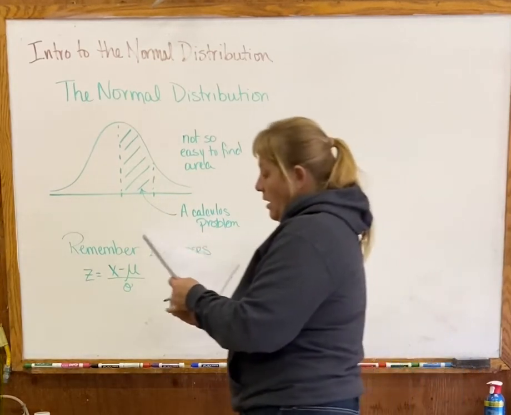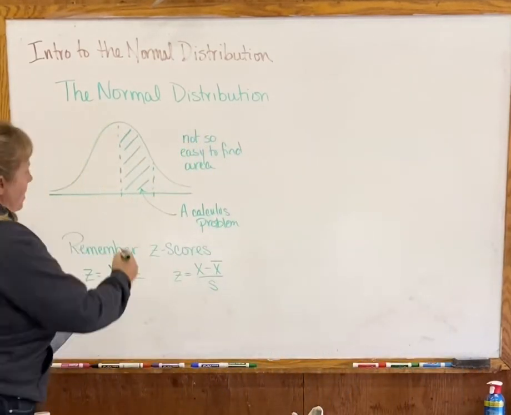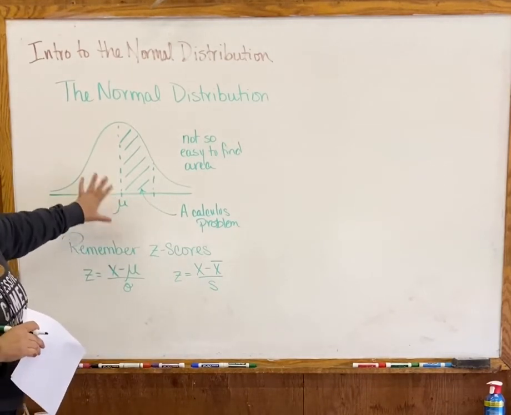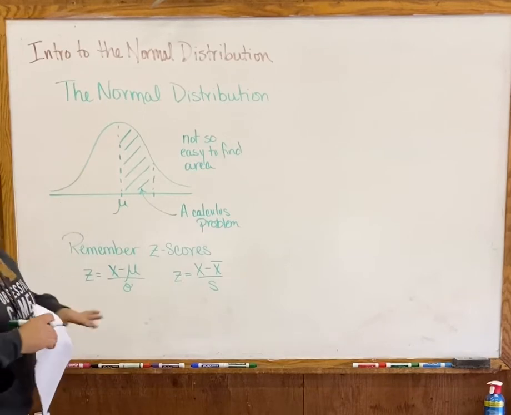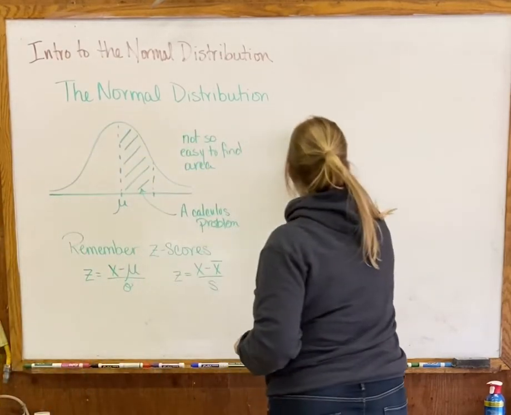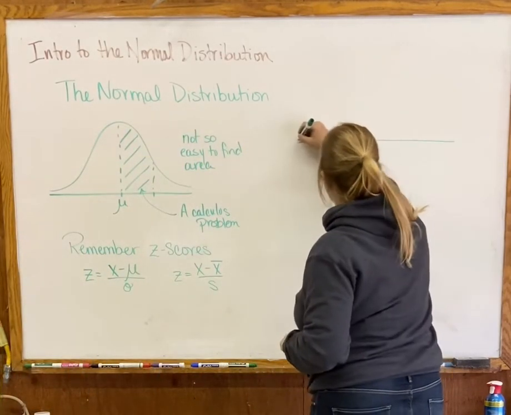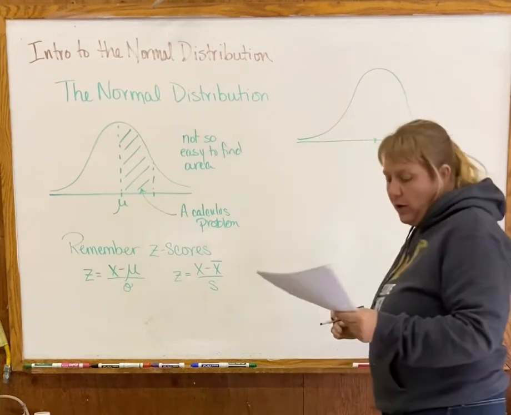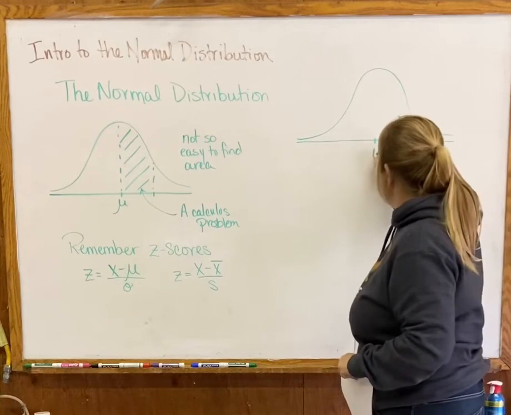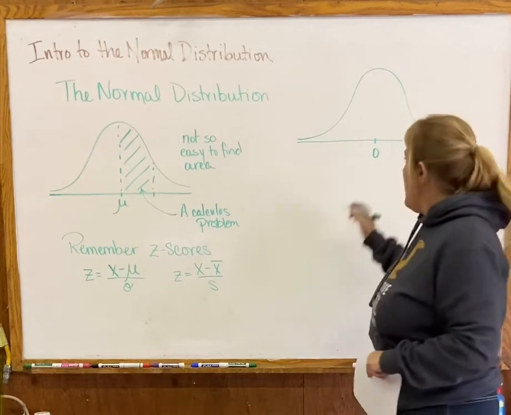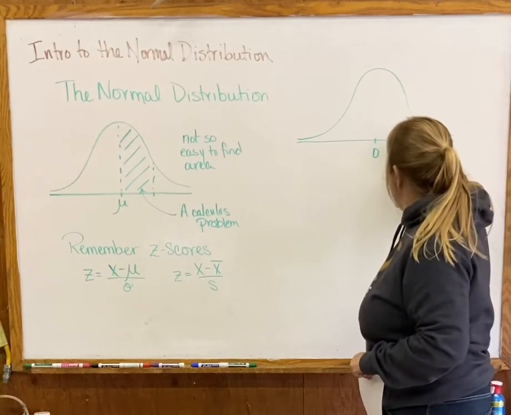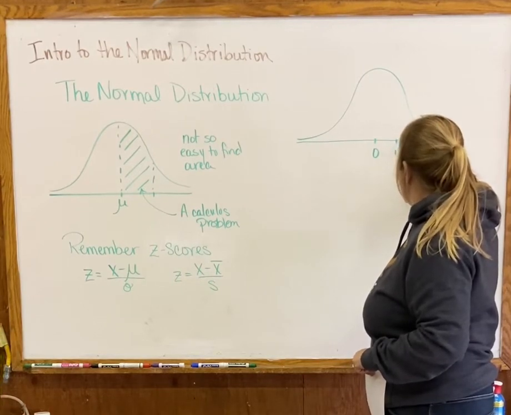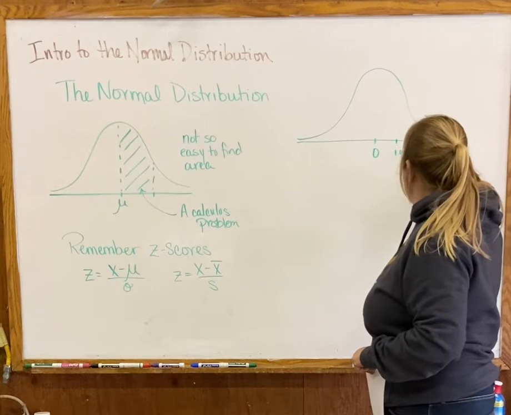Okay. So in this example, having mu in the middle for the mean, okay, that's in the normal distribution. But this time what we're going to do is we're going to redraw the graph. And instead of putting mu in the middle, I'm going to put 0 in the middle. And then I'm going to measure out by 1.00, 2.00, 3.00.